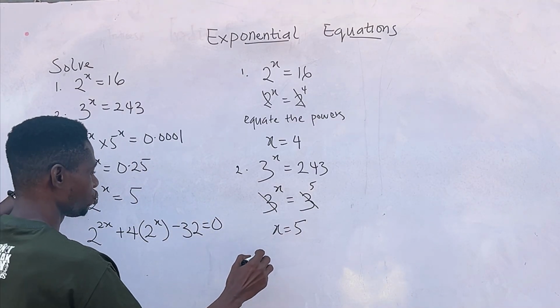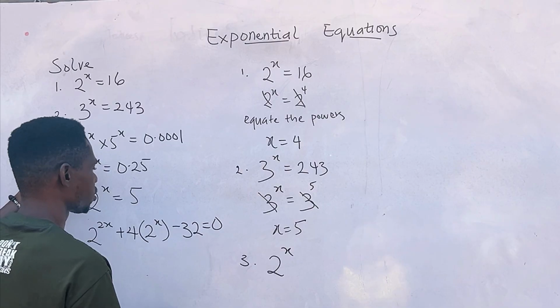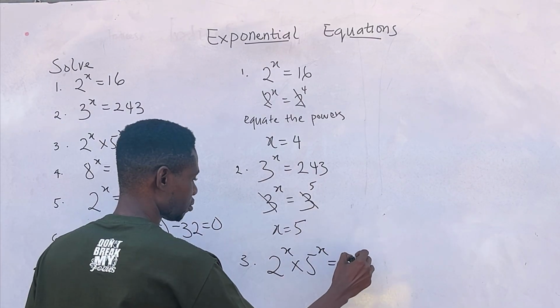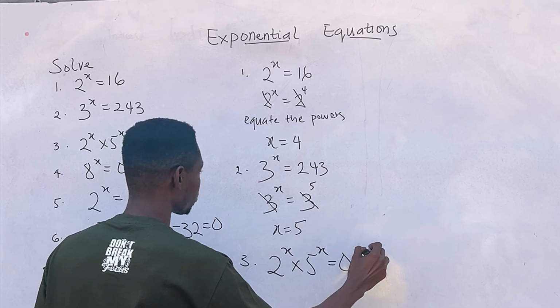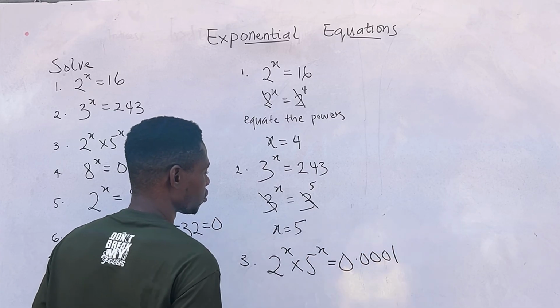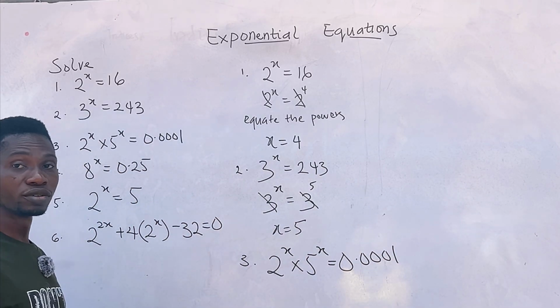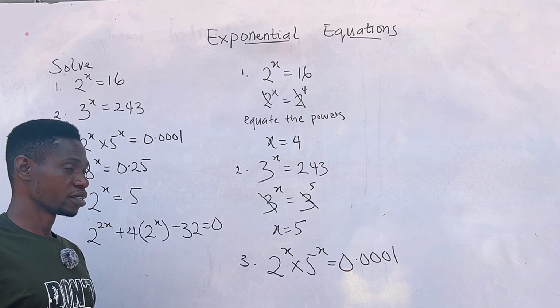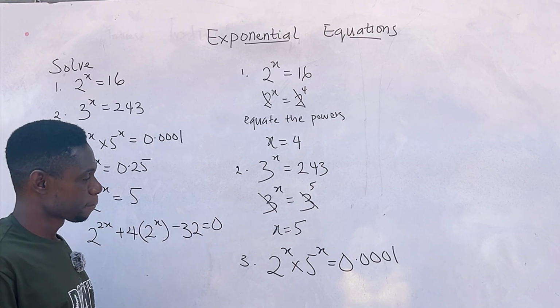We have 2 raised to the power x multiplied by 5 raised to the power x equal to 0.0001. Okay, so what do we do from here?